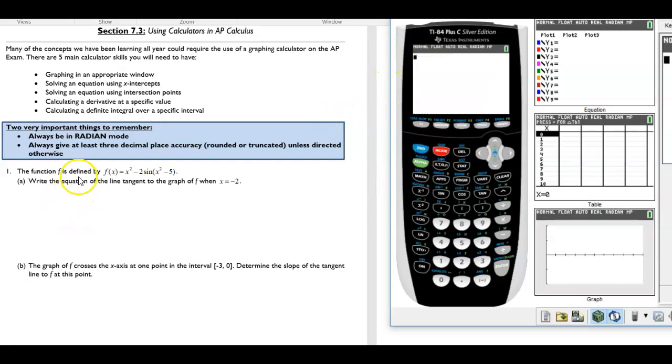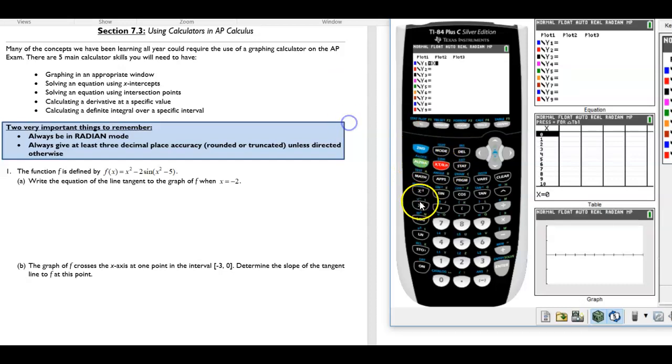All right, so in number 1, we have a function f. It is x squared minus 2 sine of x squared minus 5. We're going to be using that for this whole problem, A, B, and C. Whenever you have a function at the beginning, especially on a free response question, your first stop would be to put this in your y equals. So I'm going to call this y1.